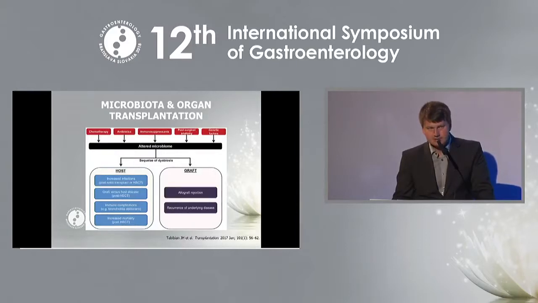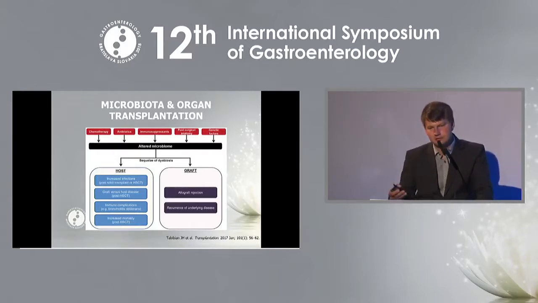I suppose that the field that is not so well understood regarding the microbiota and liver disease is liver transplantation, or even solid organ transplantation in general. Because of course there are various environmental factors, including the antibiotics, the immunosuppressants, the altered anatomy post transplant, and all these factors could lead to alteration of the microbiota.